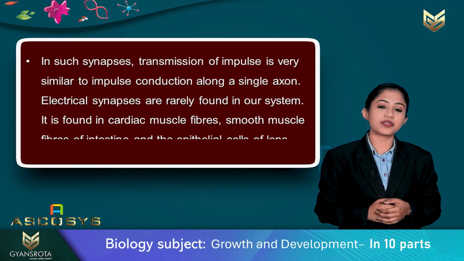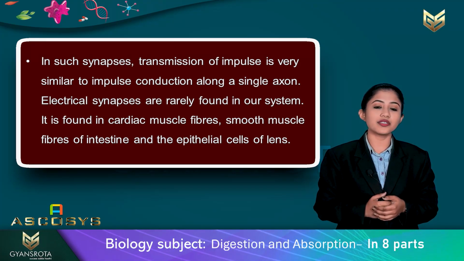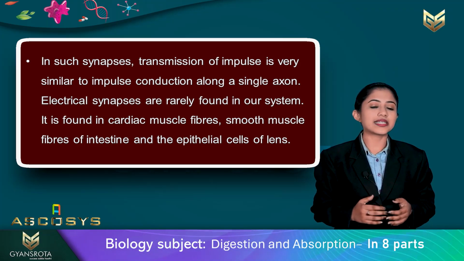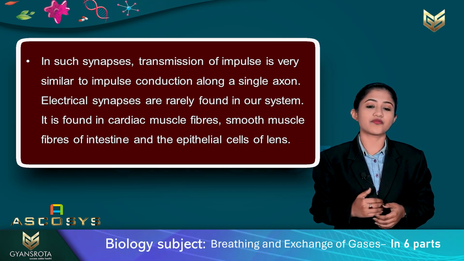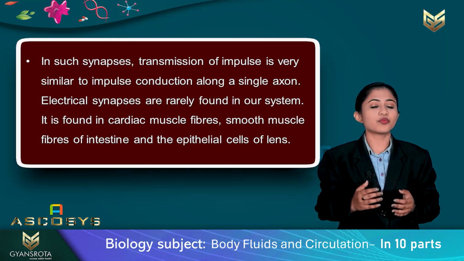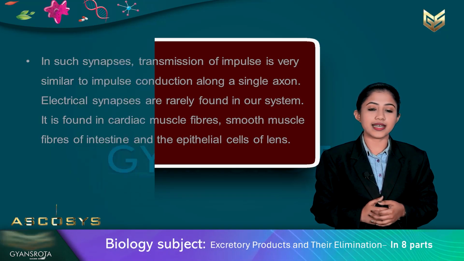In such synapses, the impulse is very similar to the impulse conduction along a single axon. These types of synapses are rarely found in our systems, and are found in the cardiac muscles, smooth muscle fibers of the intestines and the epithelial cells of the glands.